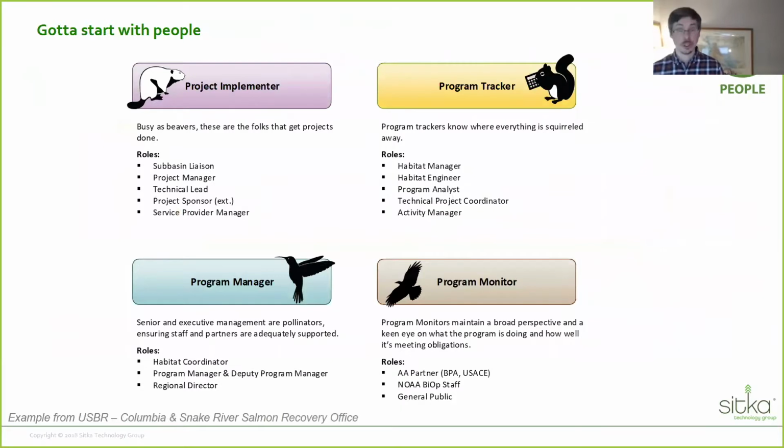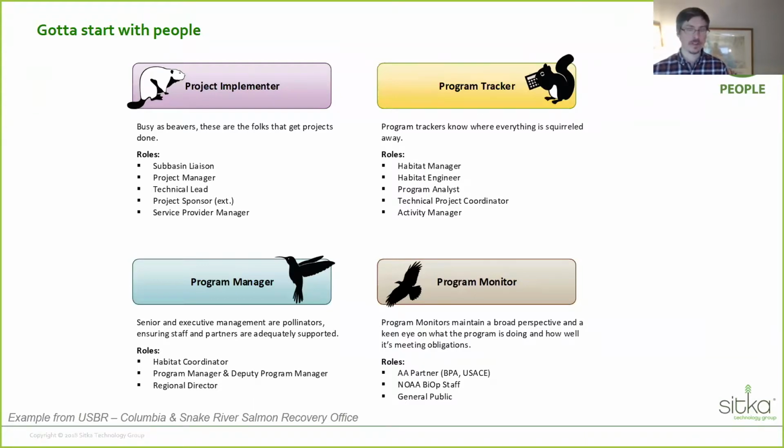Be sure to focus on user goals and the user tasks that relate to those user goals. This example here is from our work with the U.S. Bureau of Reclamation, Salmon Recovery Office in Idaho, CSRO. The work we did with them identified four main, what we call personas. These personas are important to abstract a little bit away from day-to-day jobs and roles and personify how people interact with data.